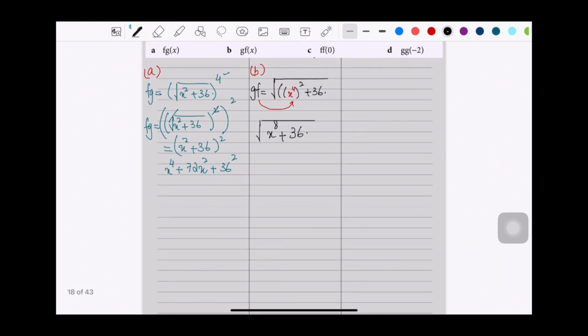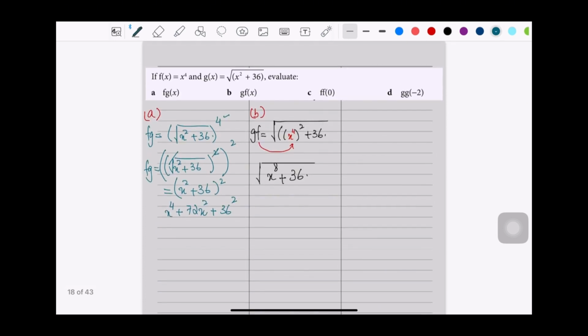Now part C. So f of f of 0. Now there are two ways that you can solve this. First, I'll solve the conventional way. So first step is you find f of f of x.